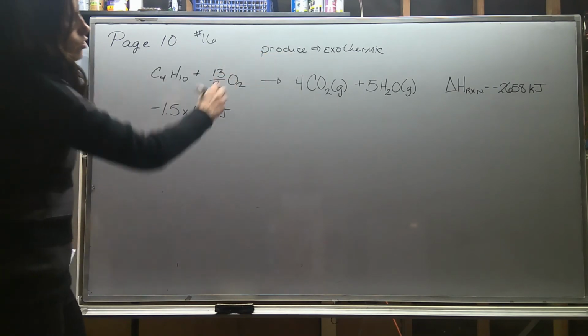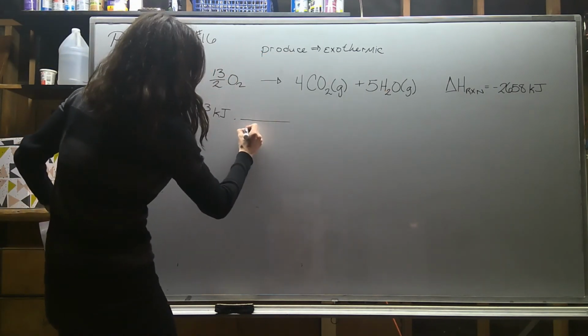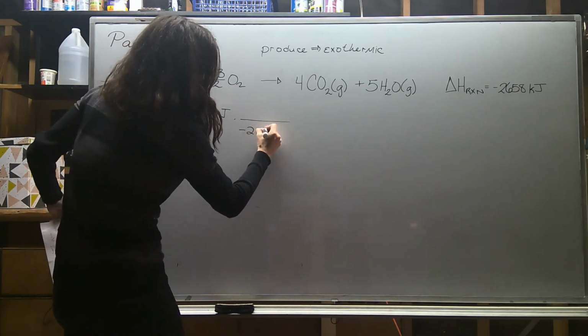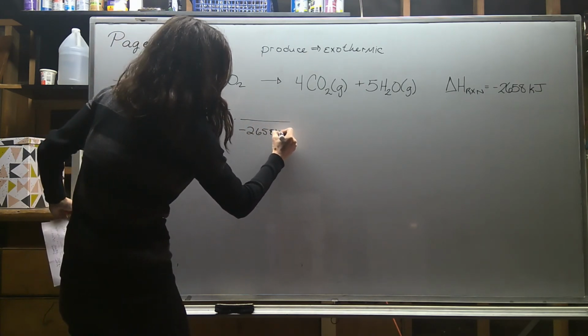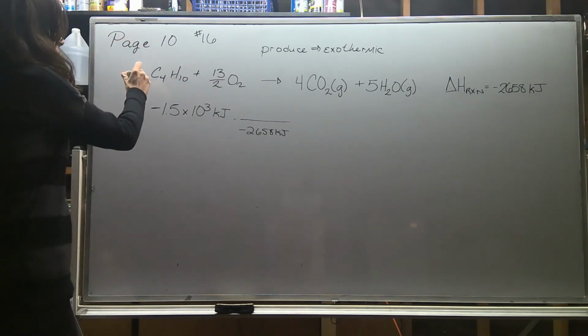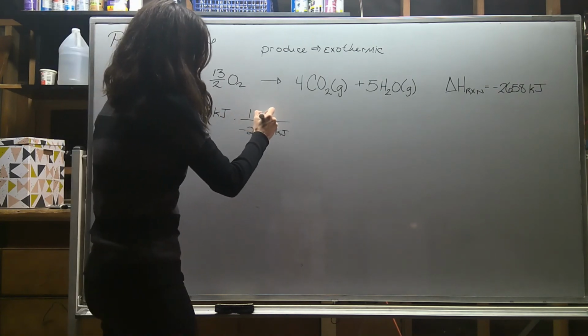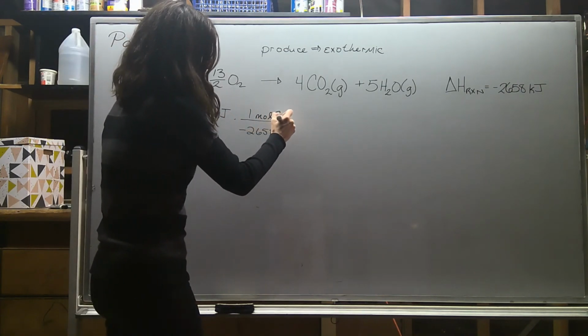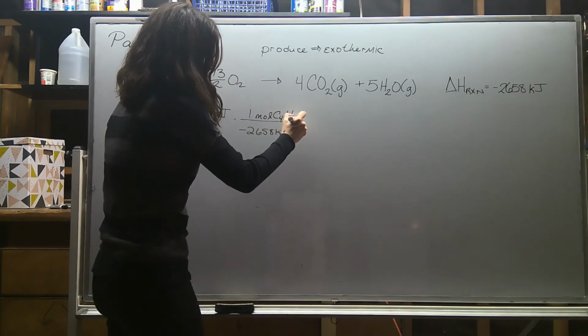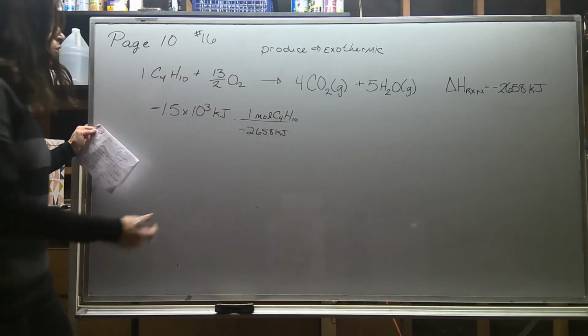I want to get rid of kilojoules, so I'm going to grab the delta H value, negative 2,658 kilojoules. And they're asking us how much butane we need. So there's 1 mole of butane in the balanced equation. And they want that value in grams.